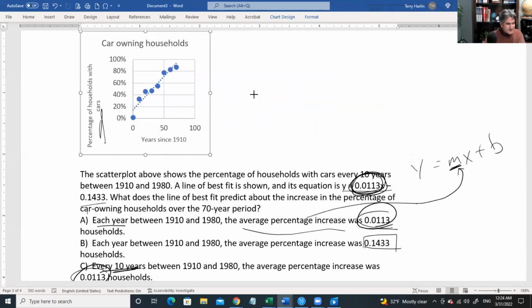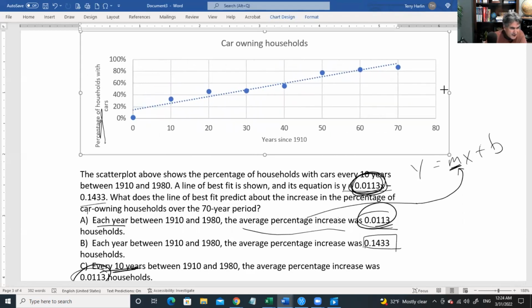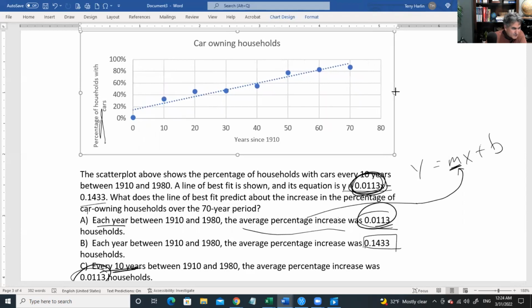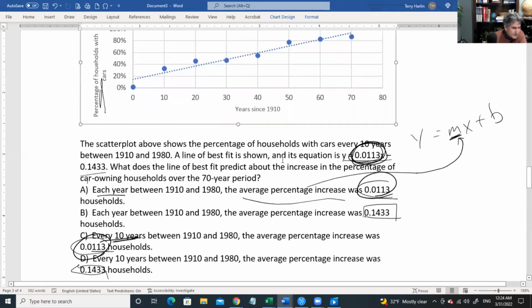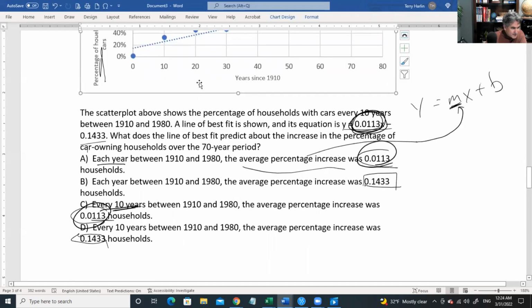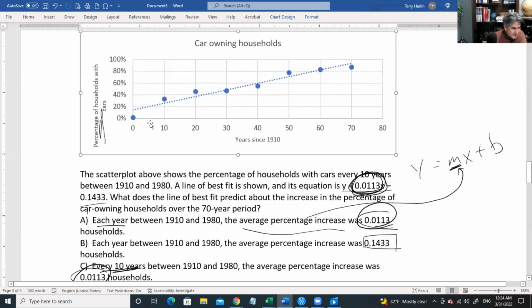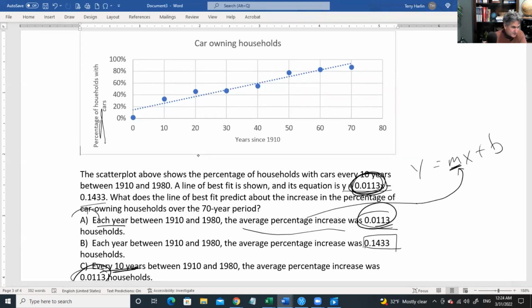That doesn't mean that that's going to be my answer, that's how this is being measured. It's being measured yearly, unless it tells me otherwise somehow in this graph. And it doesn't. Just because the increments are every 10 years doesn't mean it's being measured every 10 years. So A is my answer. And that's it. Simple enough.